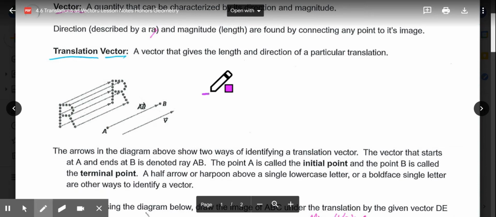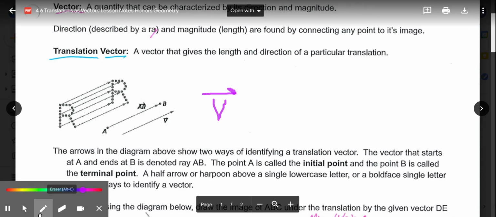So a vector symbol goes over, with just a single little arrow on top, and then whatever letter or letters go underneath. So this would be vector V. So this here, vector AB, is the same thing as vector V. They just slid it over.